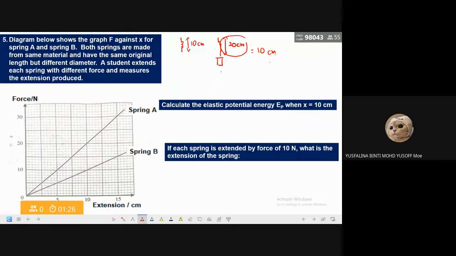So the next question: if each spring is extended by a force of 10 Newton, what is the extension of the spring? That means for spring A and spring B also.